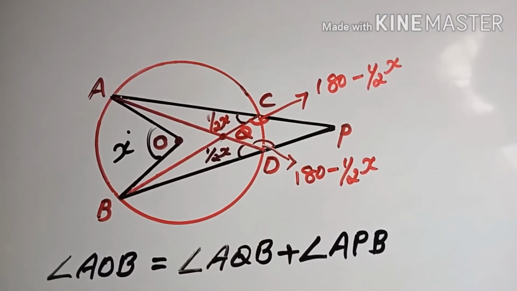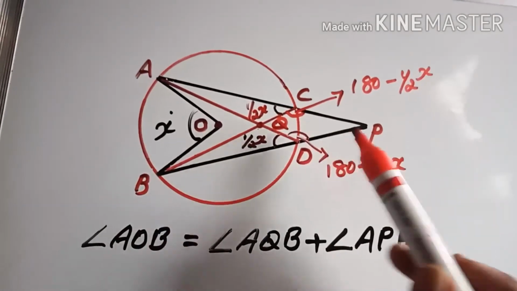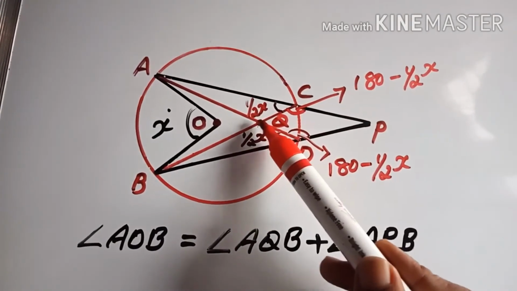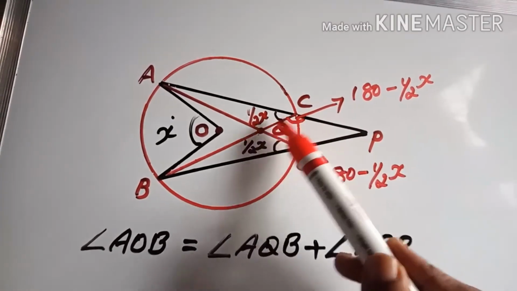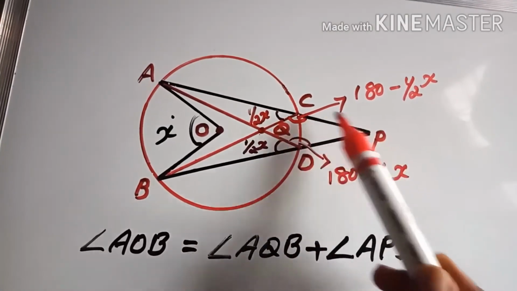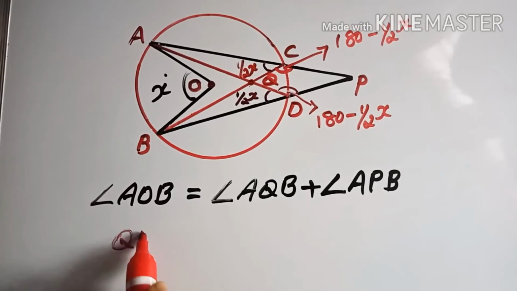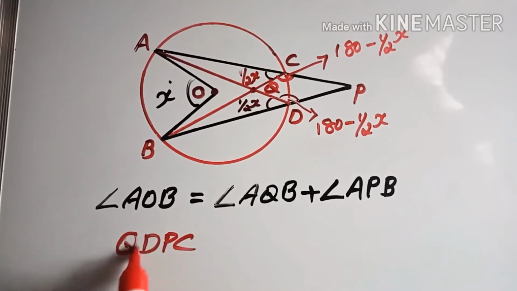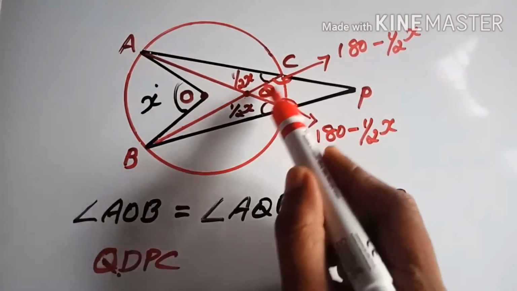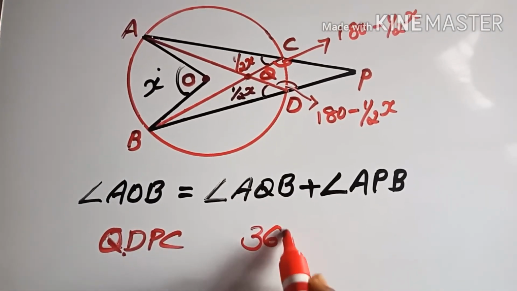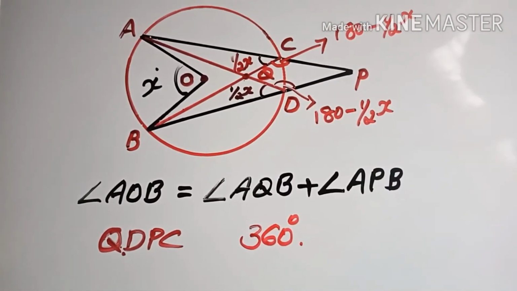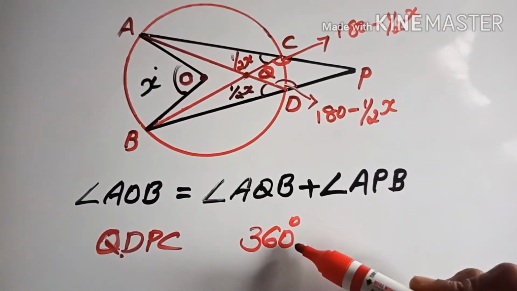Okay, now consider the quadrilateral QDPC. This is a quadrilateral. We know the sum of angles of a quadrilateral is 360 degree.